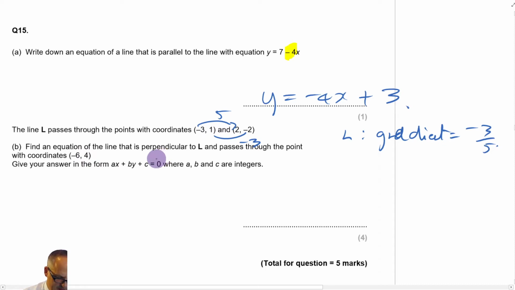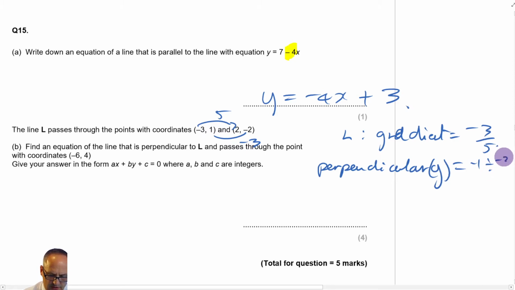So if we want the perpendicular gradient, we're going to do -1 divided by -3 over 5, which just gives me 5/3, or 1.6 recurring. Better you write it as a fraction, actually, in this case. Try and use your fractions on your calculator. It will give you your answer as a fraction, which is nicer to deal with.